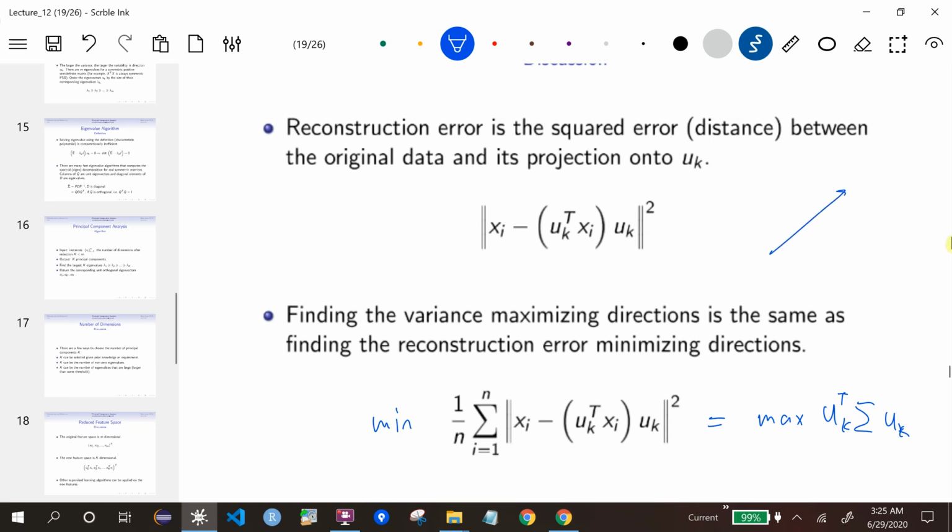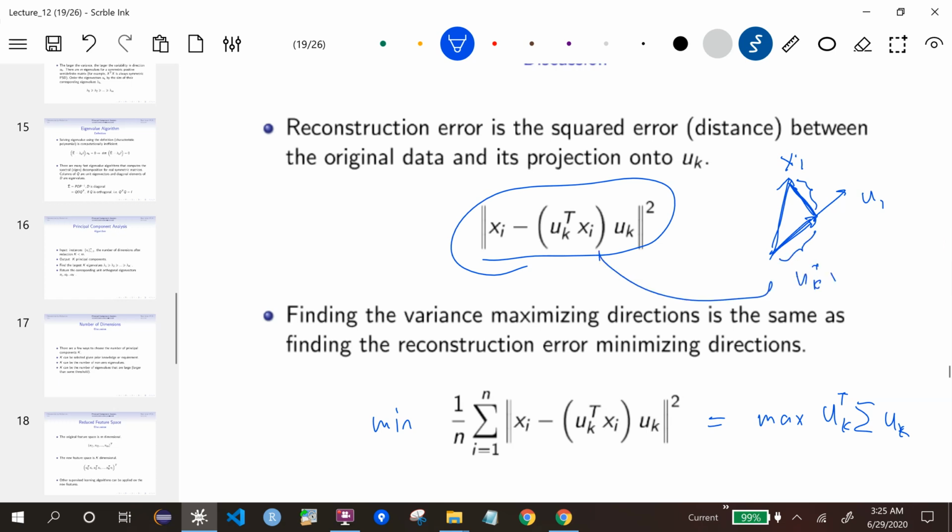Let me talk about it. Suppose we use the principal component ui and we want to reconstruct our xi. Then the best we can do is to use the projection, right? So the reconstruction error here would be just the norm of the difference between xi and this vector here, which is Uk transpose xi times Uk. We take their difference and then the length, the norm, and we call that the reconstruction error.